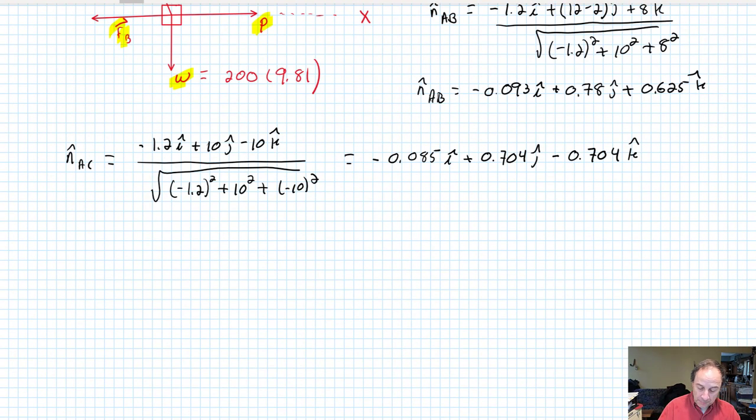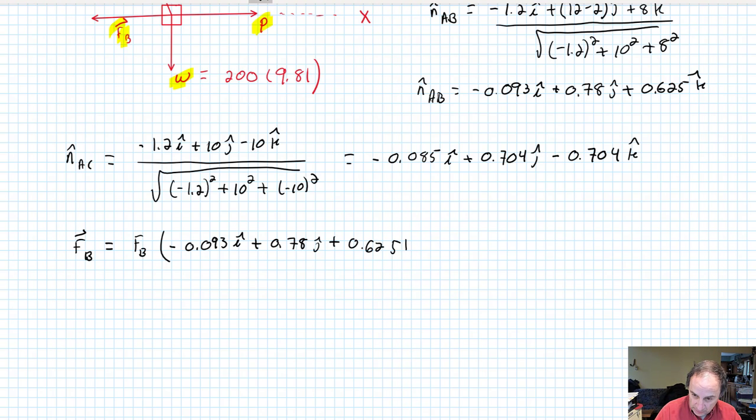All right. So let's write our forces out. So now we can express the vector force in the B direction has a magnitude that we don't know yet, times minus 0.093 i plus 0.78 j plus 0.625 k.